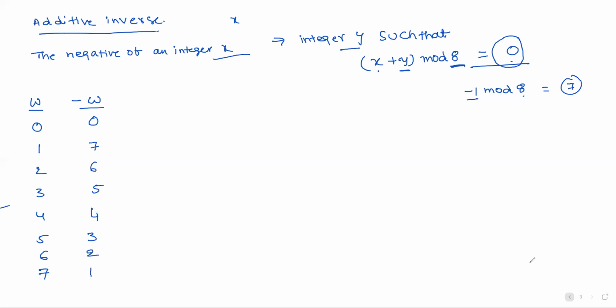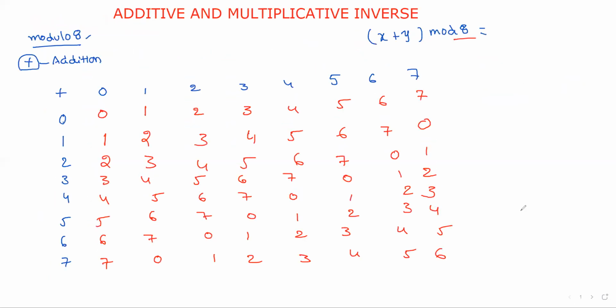Or we can use another way. What is this way? Identify the rows where 0 occurs. So this is 0, and 0 is at this position. For value 0, the additive inverse is column 0. Now, row 1.